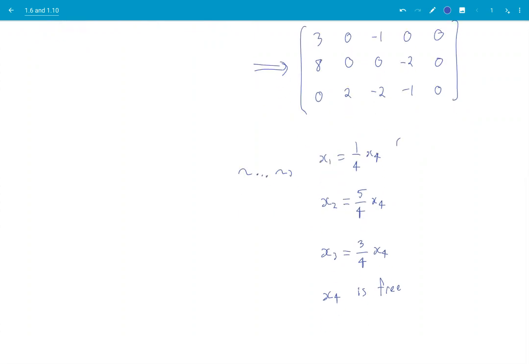Okay, so this is my general solution. So that's an infinity of solutions.